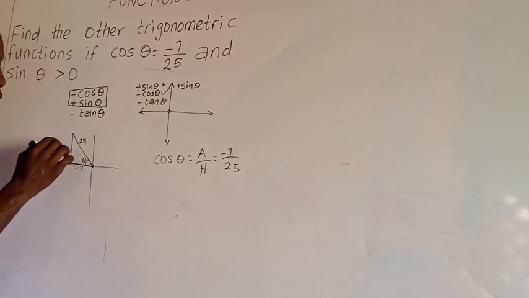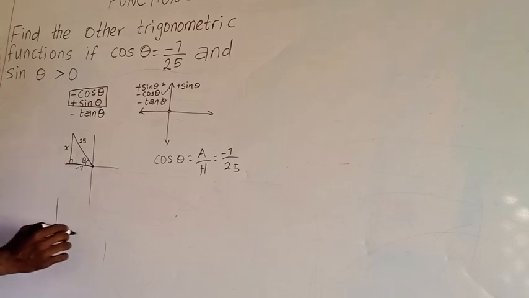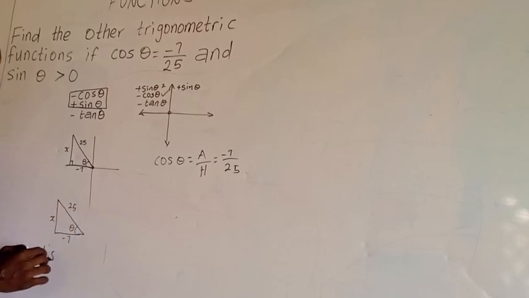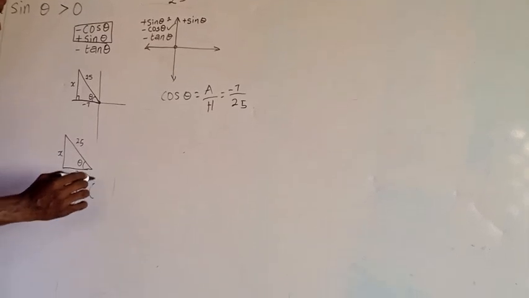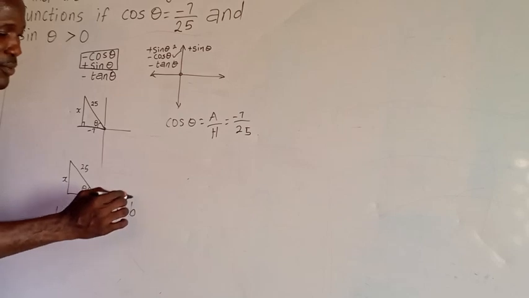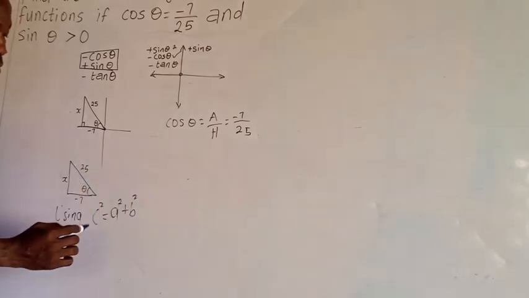Then we actually call this place x to get the value. Now here we'll be applying Pythagoras rule to get the last side. This is x. Remember, if we use c squared equals a squared plus b squared, our c is actually 25.